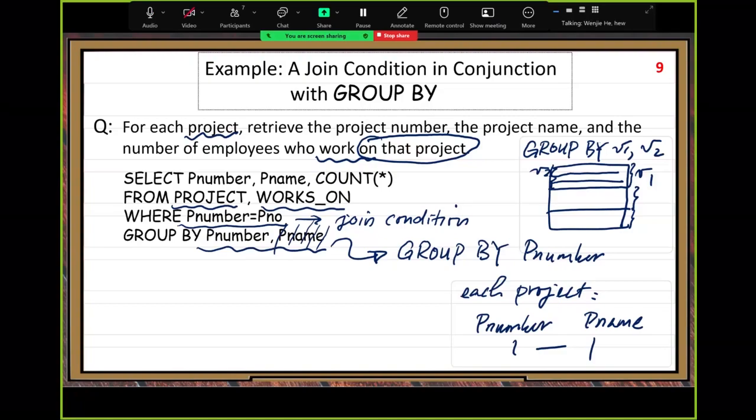to do further split. But here, P number, P name, one-to-one correspondence. So after you use P number to split the project, then you use the P name, you cannot split, right? Because for one project number, there is only one project name. So no further split.